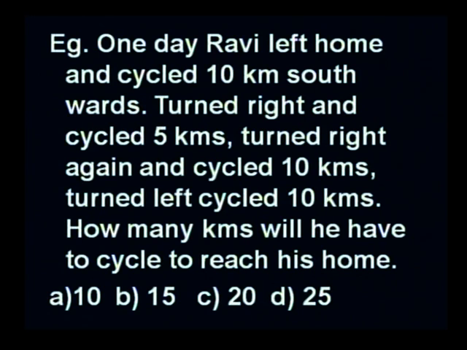How many kilometers will he have to cycle to reach his home? So, wherever the final position he has reached, from there what is the distance between the initial position and the final position? This is what you will have to find out.